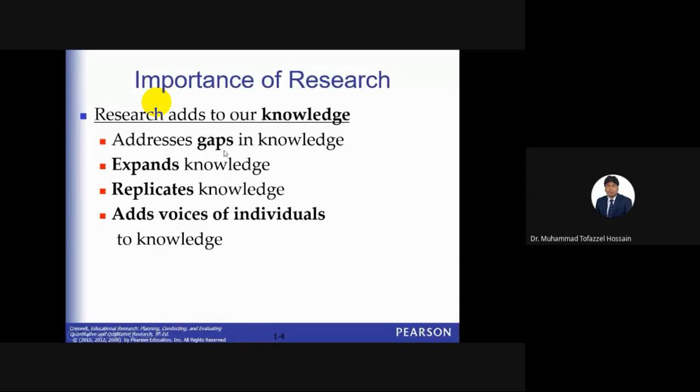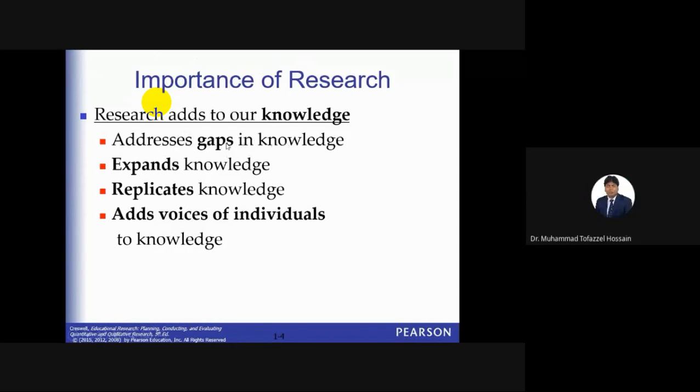Can you remember the story of the wise person who claimed that I am the wisest in the world? Yes, sir. I know what I don't know. Yes, I know what I don't know. So this is called actually addressing gaps in knowledge.